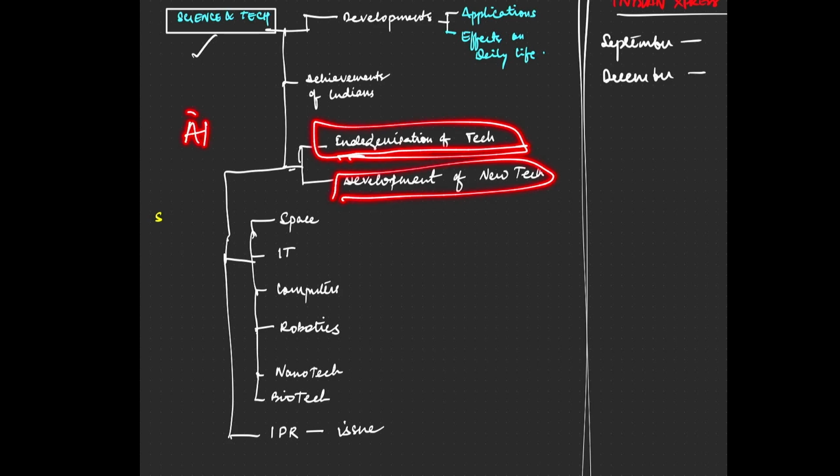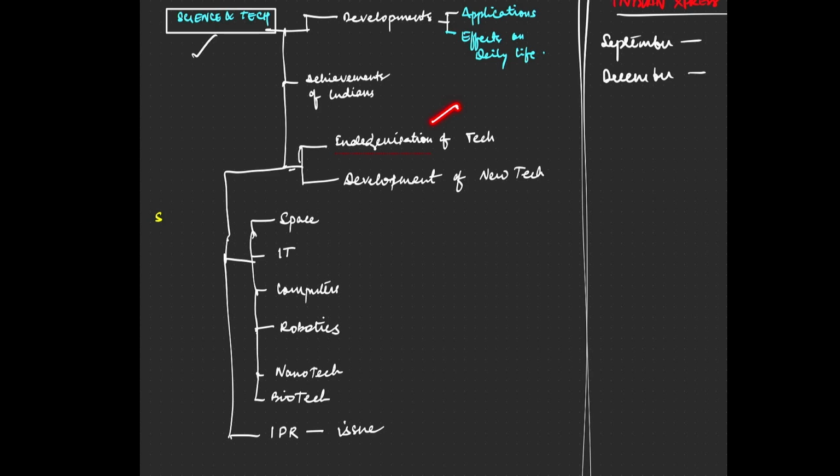AI के बारे में बात हो रही है, वो भी sovereign AI. Applications of technology and effects of AI in daily life are also covered under the article, as well as achievements of Indians and IT and computers. इतने सारे चीज़ों में ये overlap करता है.